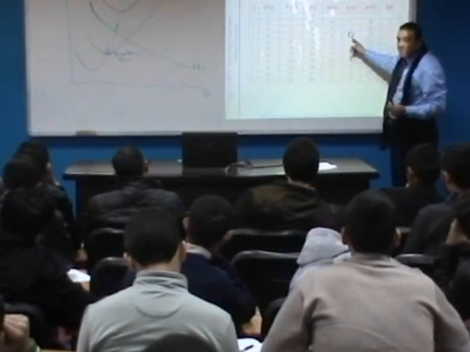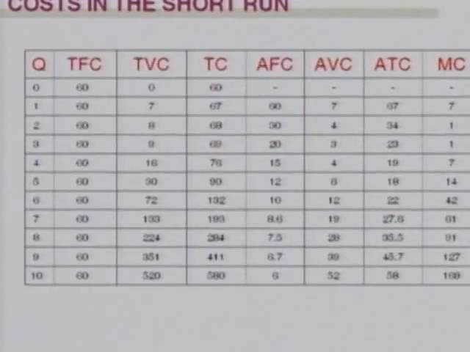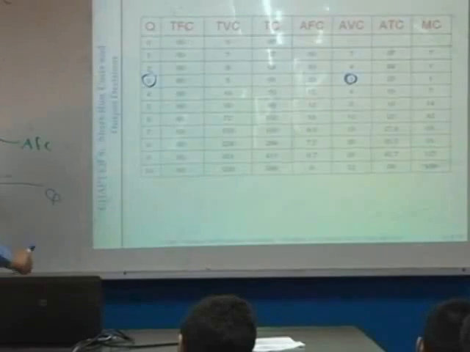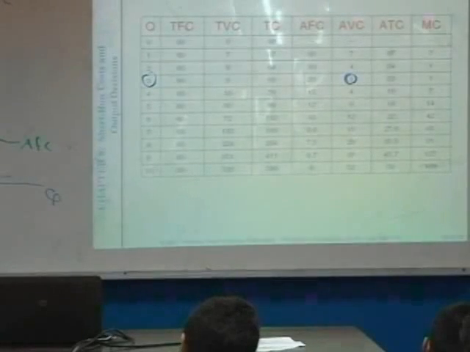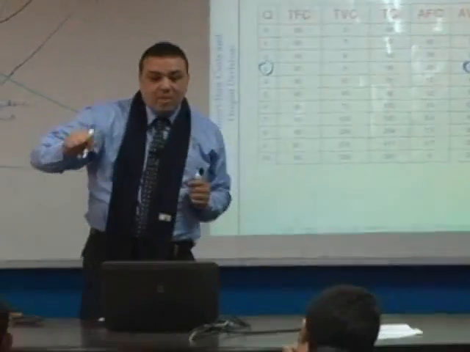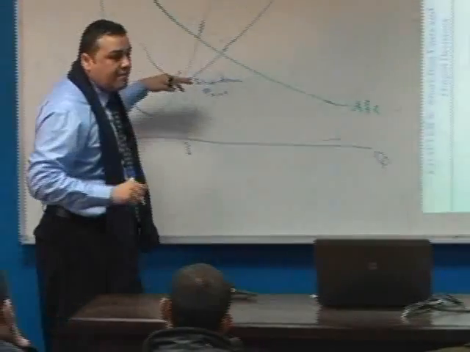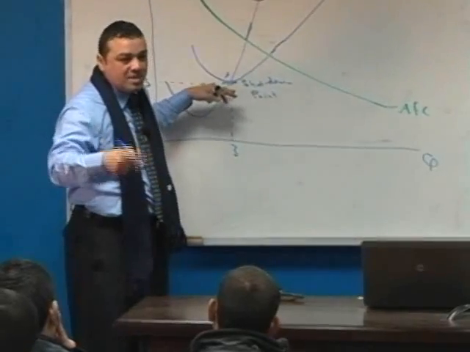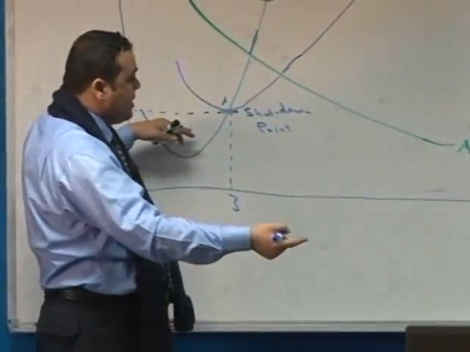In this case, AVC is 3, and the quantity produced is 3. So let's illustrate it. Q is 3, and the AVC is 3. So the firm should shut down at the minimum average variable cost. We are going to discuss it later.